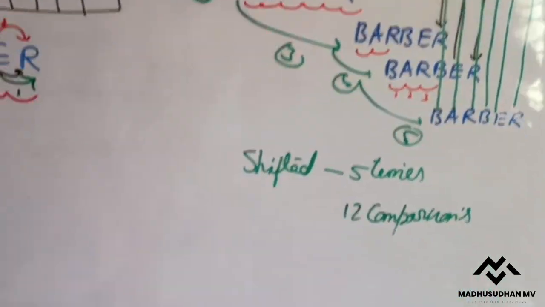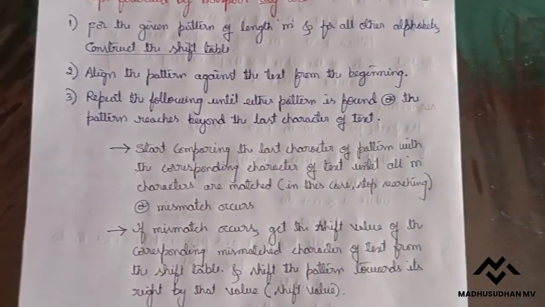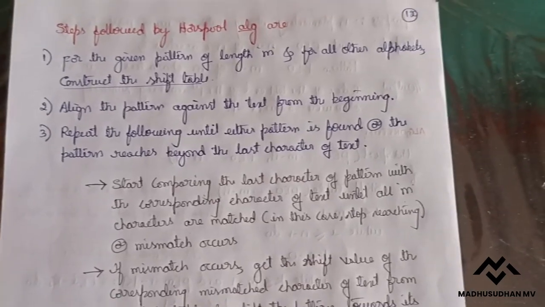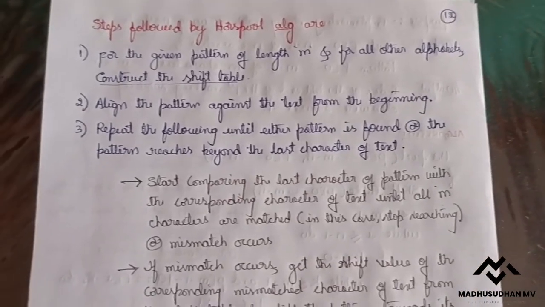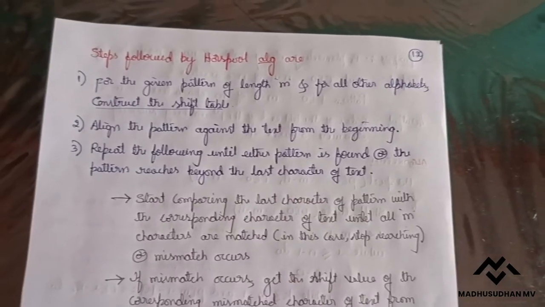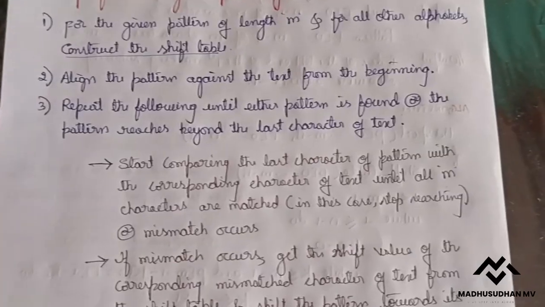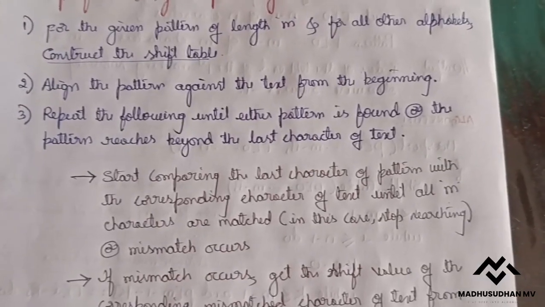The same thing is written here. The steps followed by the Horspool algorithm are: for the given pattern of length m, we construct the shift table. Next, in the second step, we align the pattern against the text from the beginning.